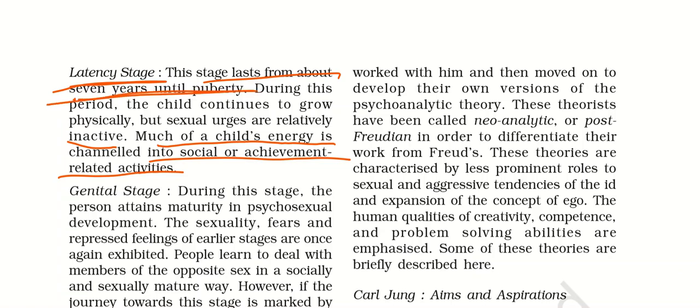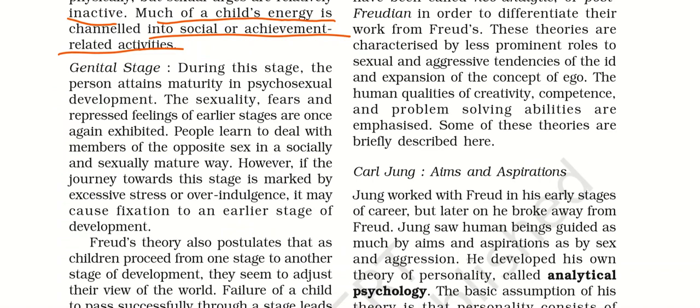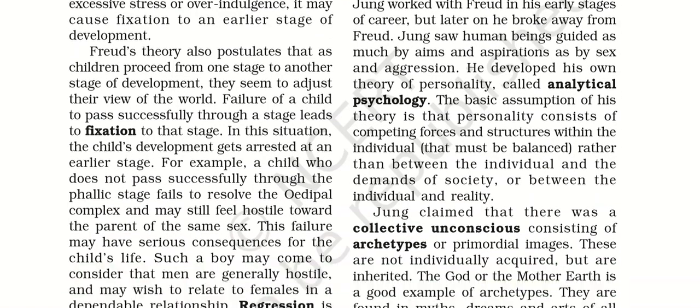Later comes the genital stage, during which the person attains maturity in psychosexual development. The sexual fears and repressed feelings of earlier stages are once again exhibited. People learn to deal with members of the opposite sex in a social and sexually mature way. However, if the journey towards this stage is marked by excessive stress or overindulgence, it may cause fixation. So, these are the 5 stages.